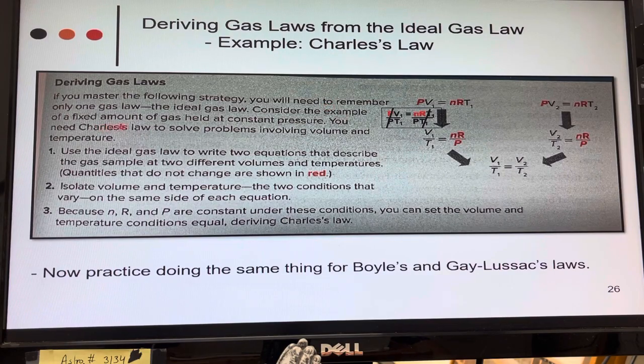Consider the example of a fixed amount of gas held at a constant pressure. You need Charles's law to solve problems involving volume and temperature. So if you don't remember what Charles's law is, you can derive it by deleting the variables that you don't need.